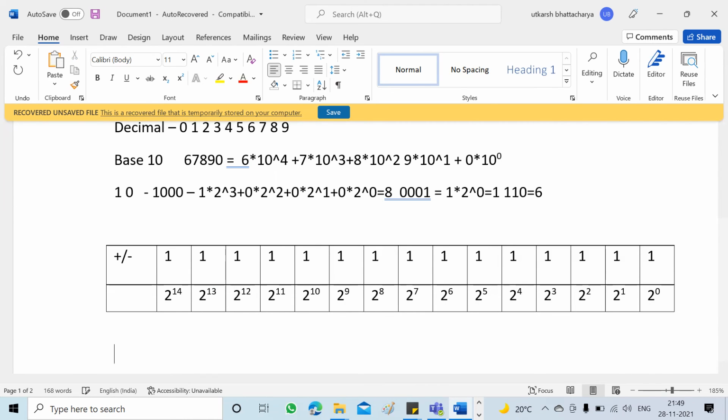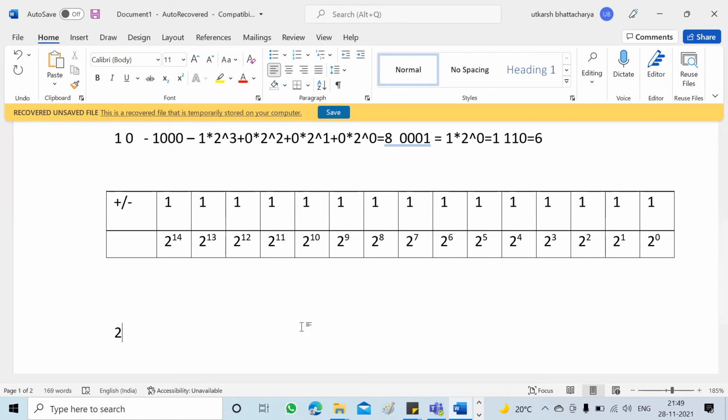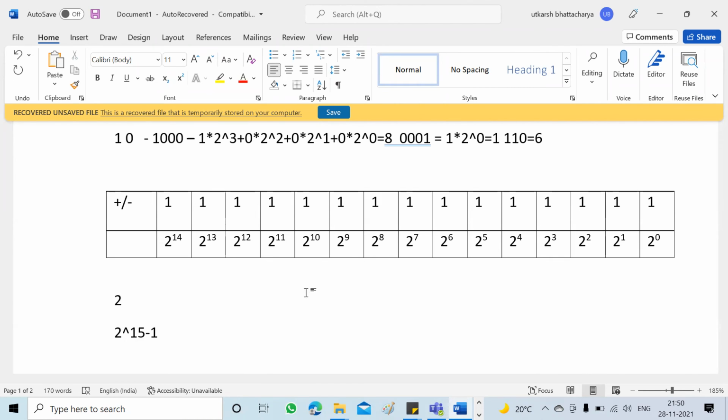Therefore, if you calculate, the total is going to be 2 to the power 15 minus 1. You can check it by doing it yourself. 2 to the power 15, and the total system is 2 to the power 16.